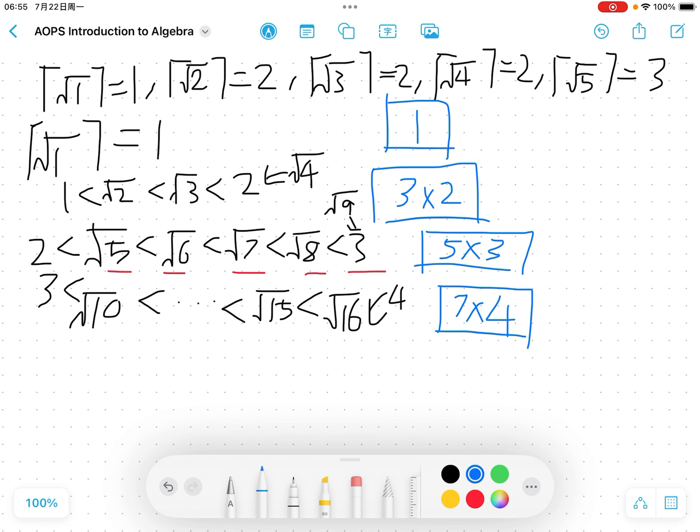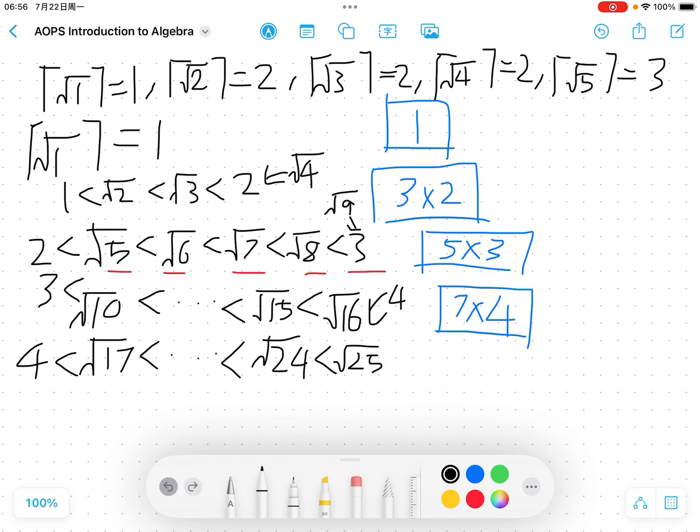We proceed on to numbers between 4 and 5. We have root 17, which is greater than 4, until we have root 24, which is less than root 25. Root 25 is essentially just 5. It's a perfect square.